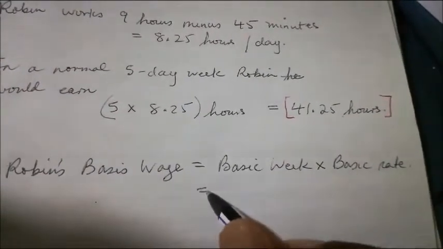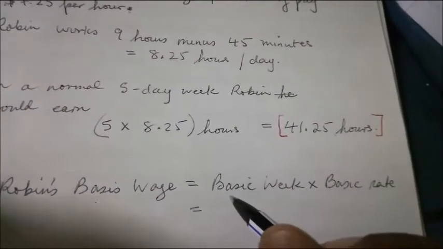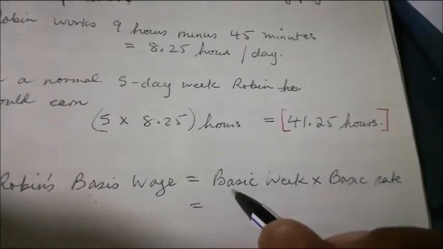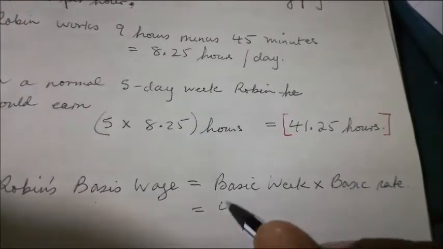And that's going to be equal to what now? The basic week was how many hours? That's 41.25.